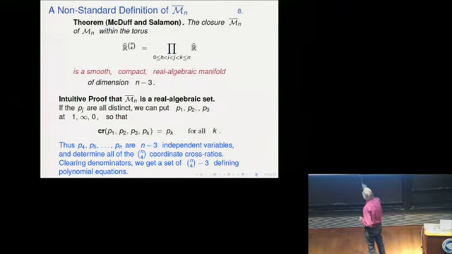So expressing each of these as a function of the pk, we get a set of n minus 3 rational equations. And clearing denominators, we get a set of polynomial equations. And these polynomial equations must be satisfied for every element of Mn, and hence their set must be satisfied for every element of Mn closure. So one has to work a little harder than that to get a proof, but that's the basic idea.